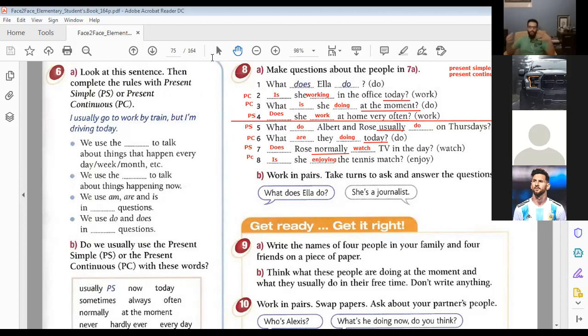Usually, if you want to talk about routine things that we always or often do, we use present simple. If you want to talk about something happening only today, right now, at the moment, we use present continuous. This is the general idea.